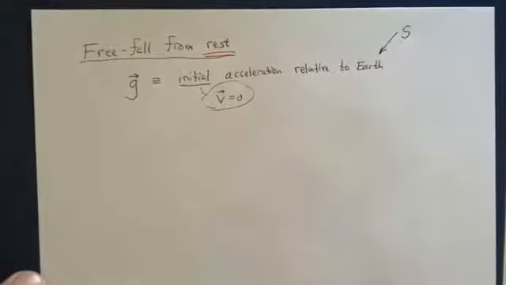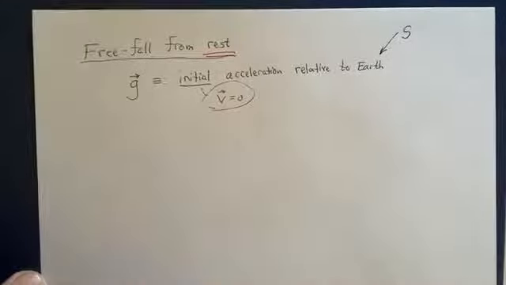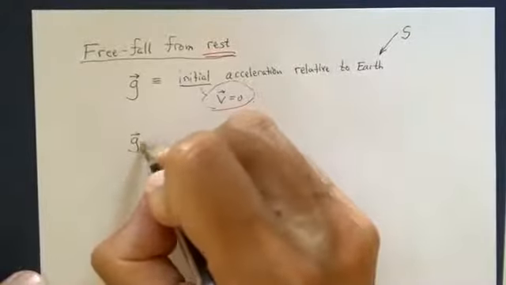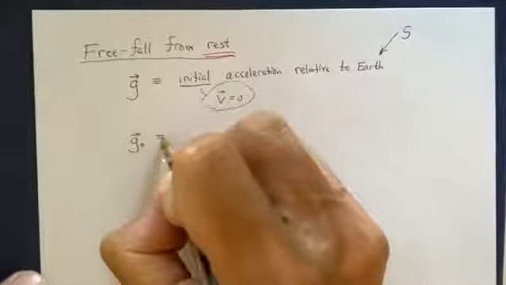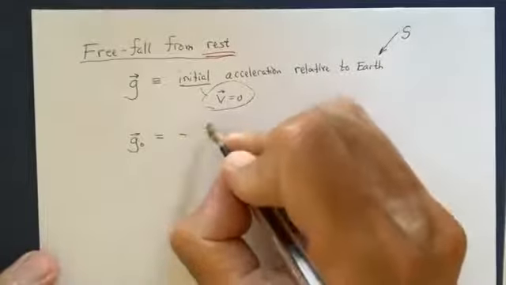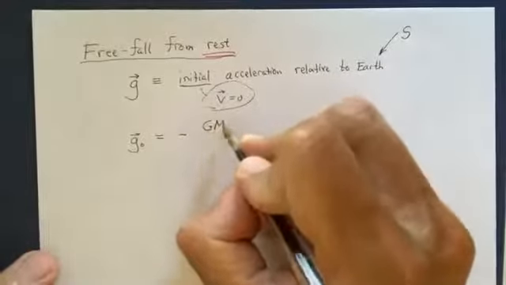Okay, now here's dangerous notation. It's dangerous, but we have to talk about this. The notation here, g naught, is minus GM over r squared, pointing radially.